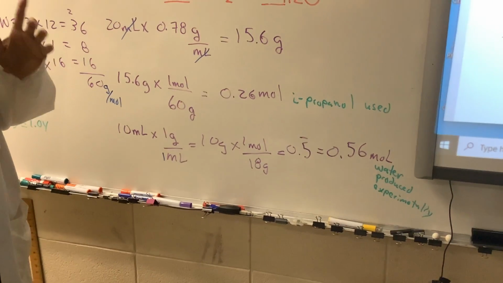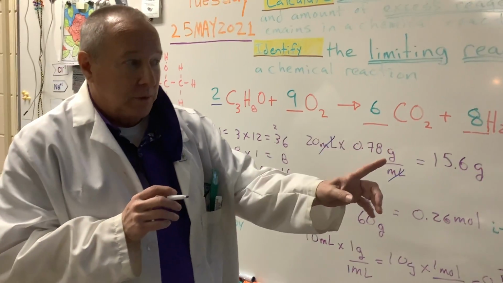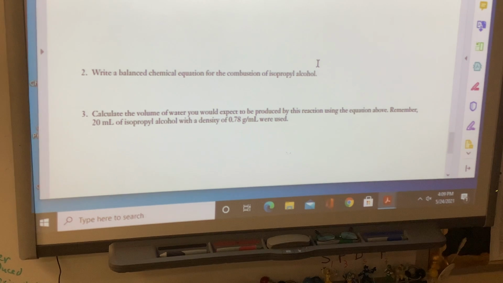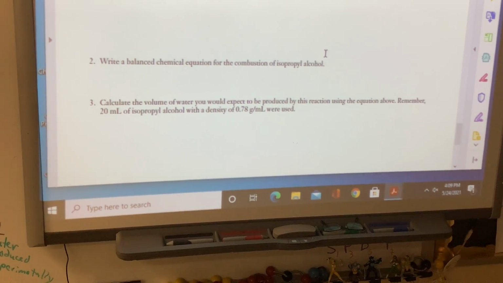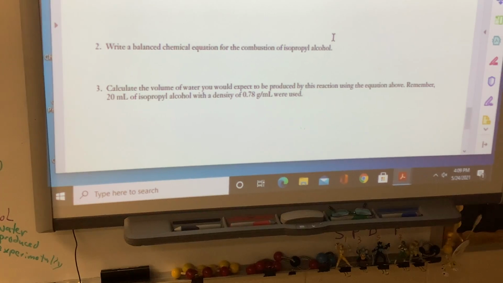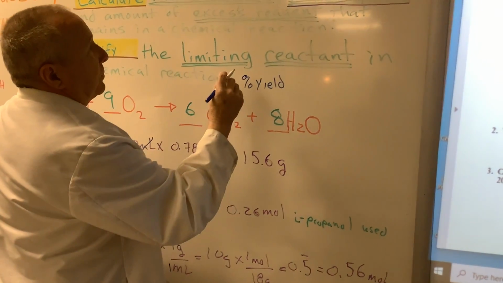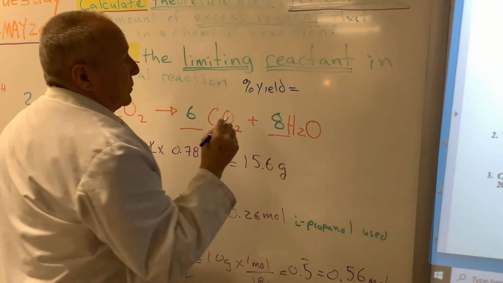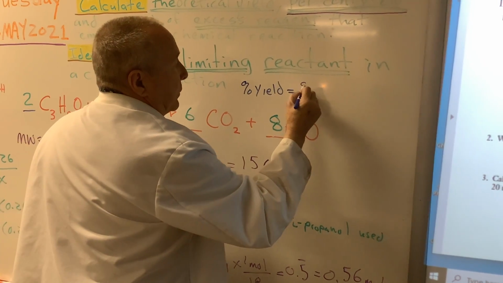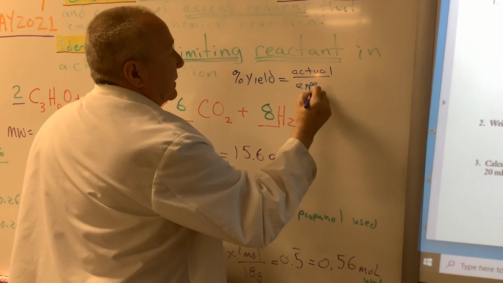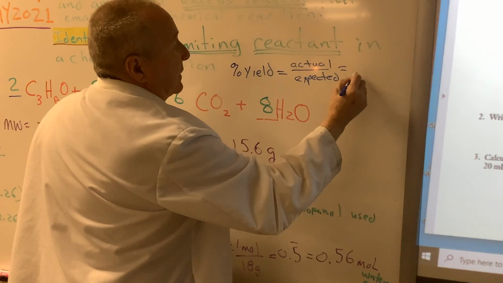So now the question we need to answer, and you're showing your work here, is calculate the volume of water you would have expected to be produced. I'm also asking you now to calculate your percent yield. Our percent yield is equal to the actual number of moles divided by the expected.